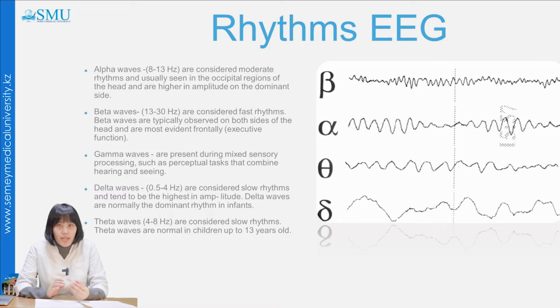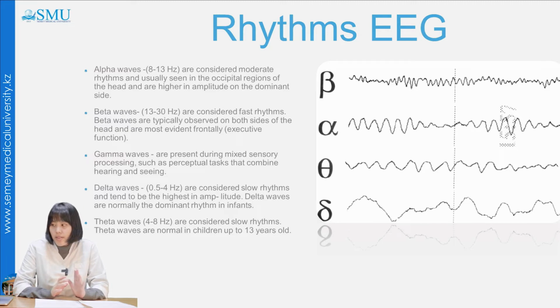The electroencephalogram is a test of brain waves. To describe brain waves, electroencephalogram rhythms can be divided into five types: alpha, beta, gamma, theta, and delta waves. What are alpha waves?